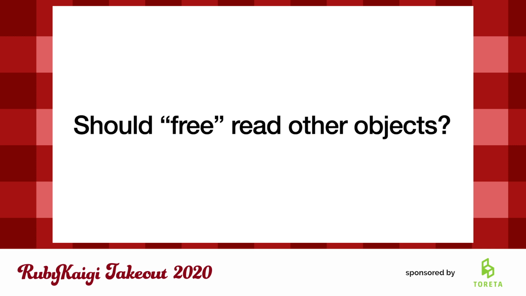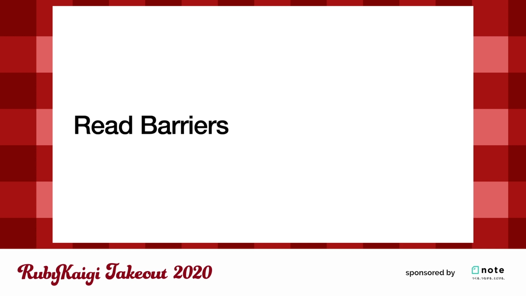Of course, I'd really like to put restrictions on what the free function can do. But I can't break existing code. So there must be a different way that we can fix this.